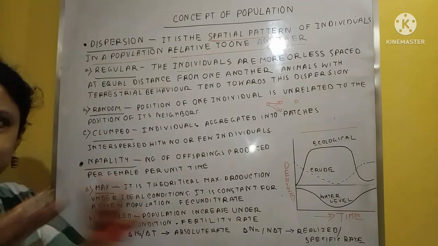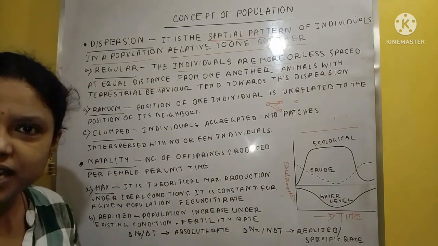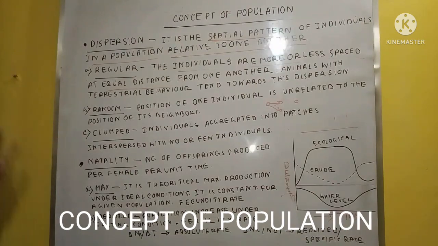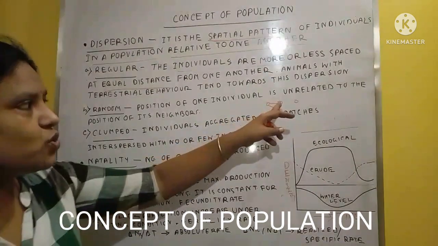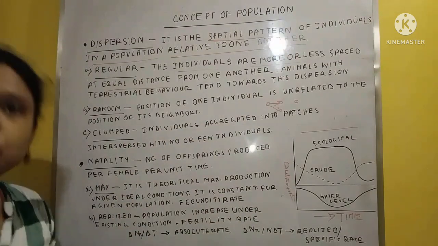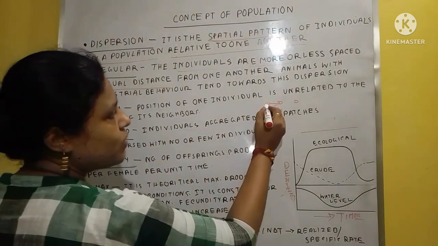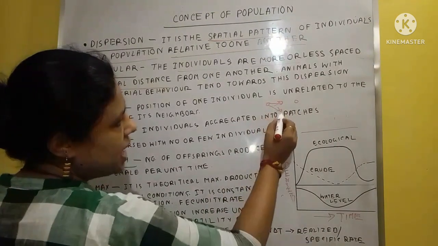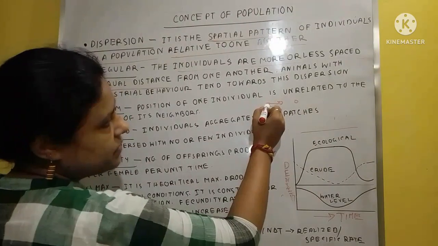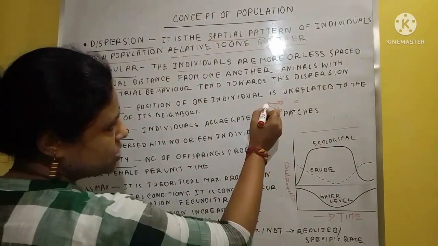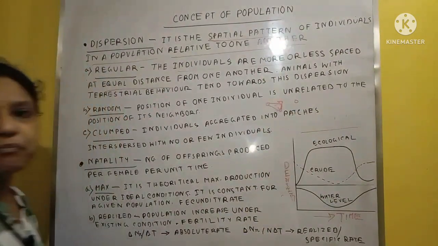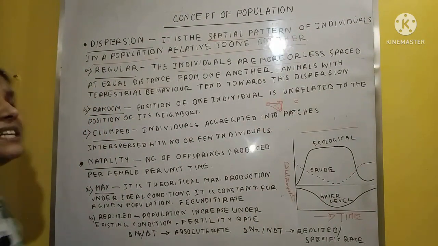Dispersion means the scattering or spreading of the individuals in an area. So in case of regular, the individuals are dispersed from each other at equal distance. This is one individual, this is another individual, and the distance between them is the same.